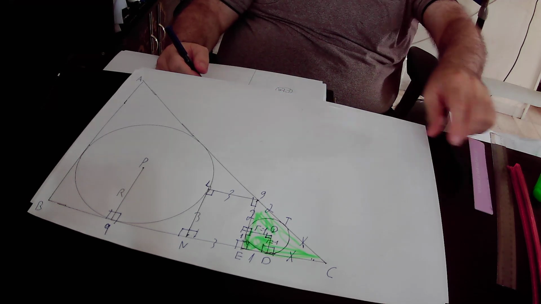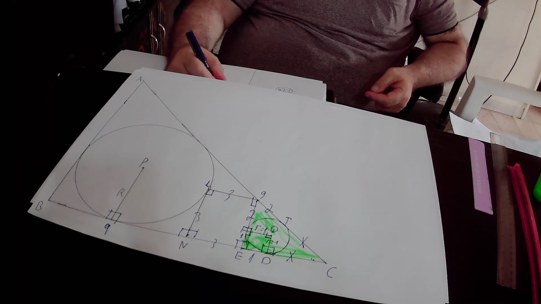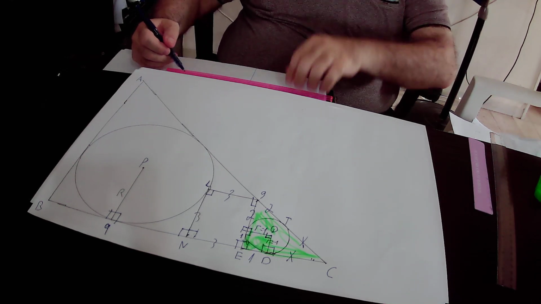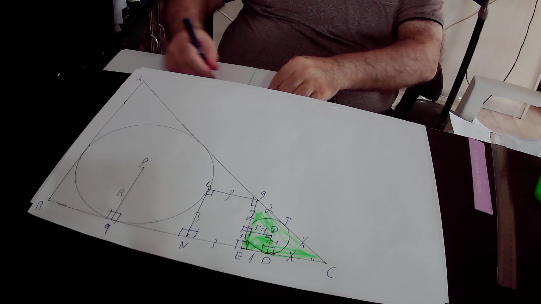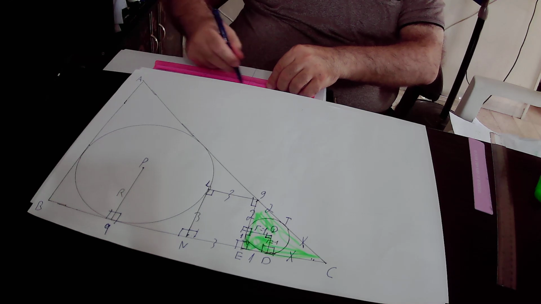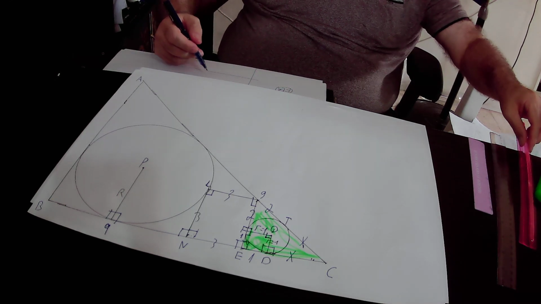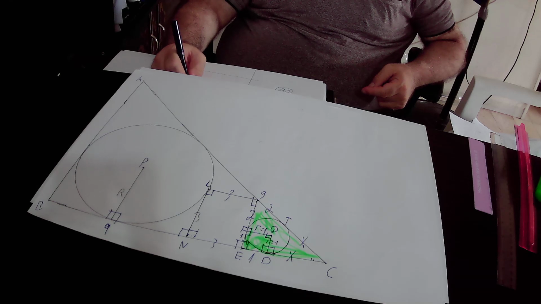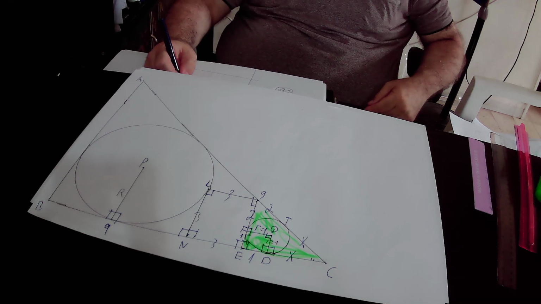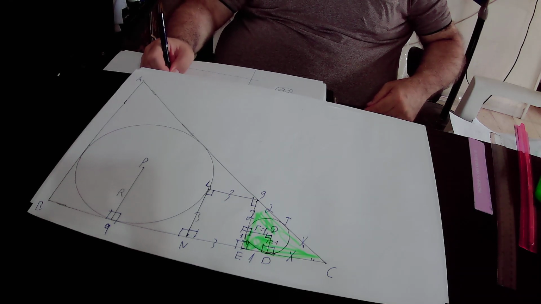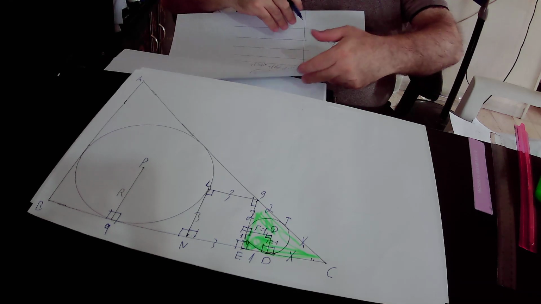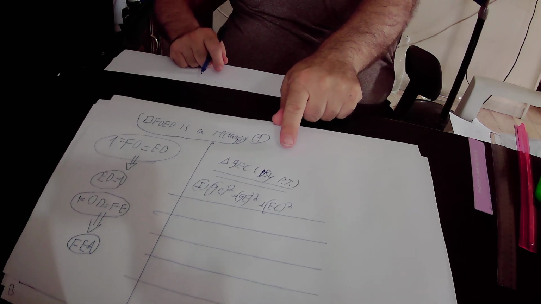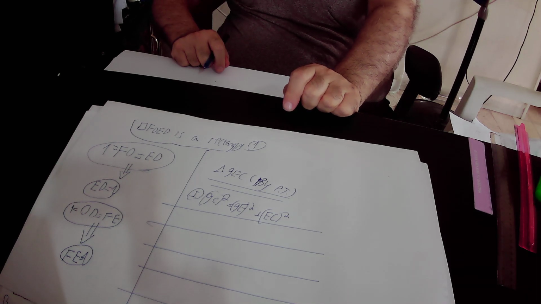The hypotenuse in the green right triangle is GC, therefore the square of the hypotenuse is GC squared, and it must be equal to GE squared plus EC squared.